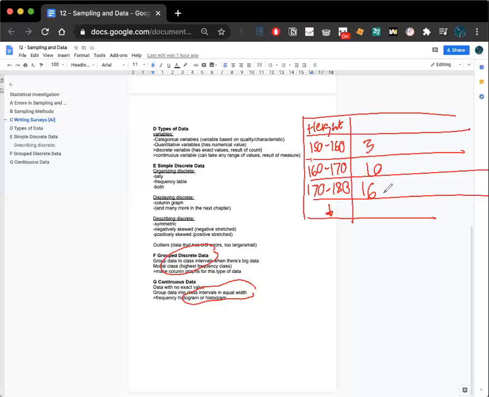If we want to graph this, then it's usually in forms of a frequency histogram or histogram.